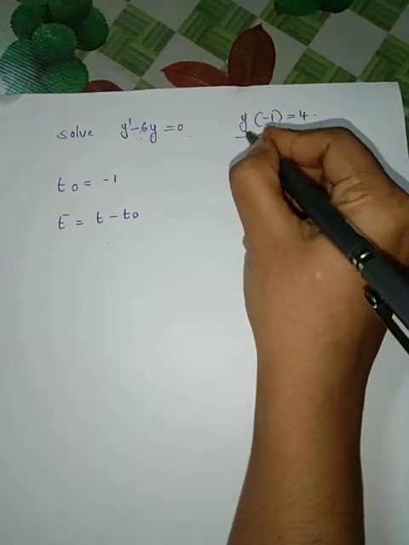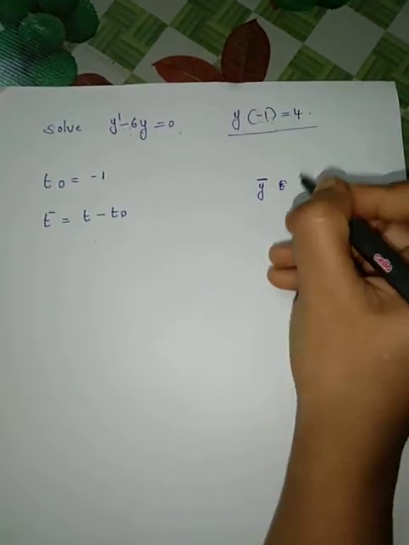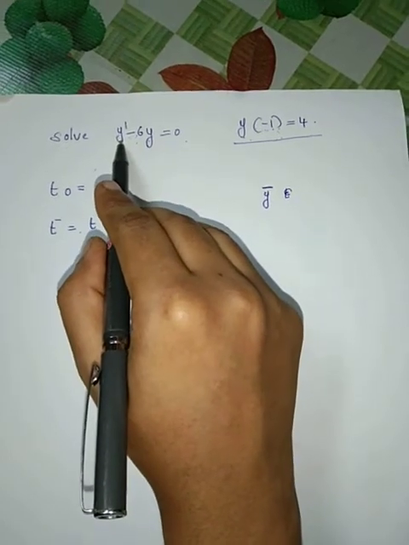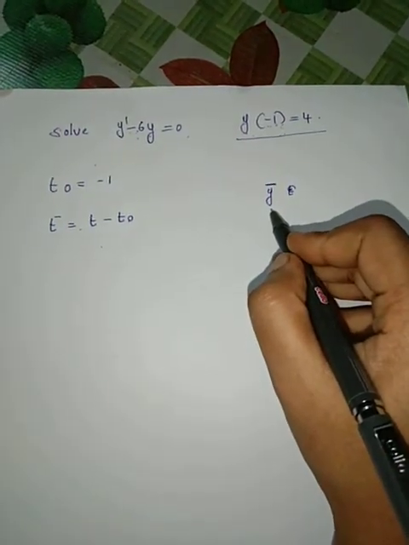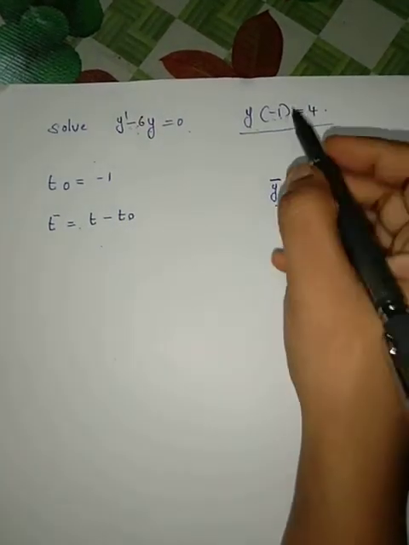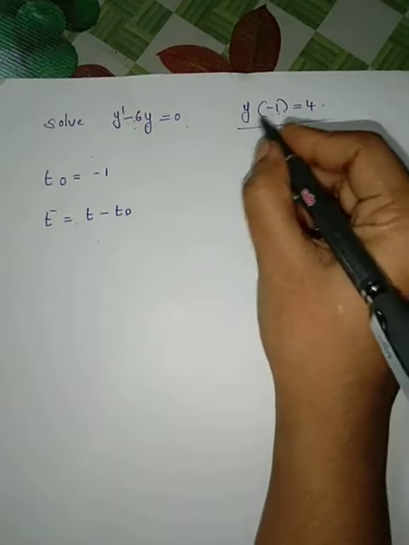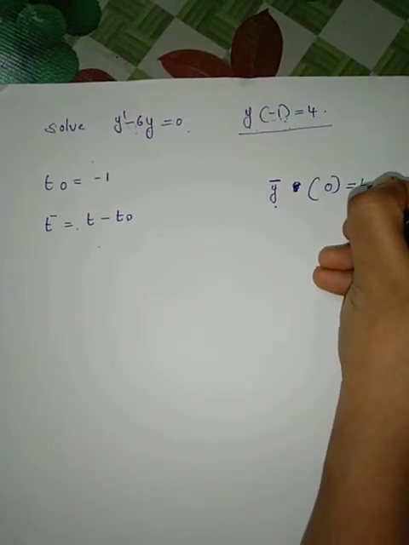So the initial condition y of minus 1 equal to 4 becomes y bar of 0 equal to 4.